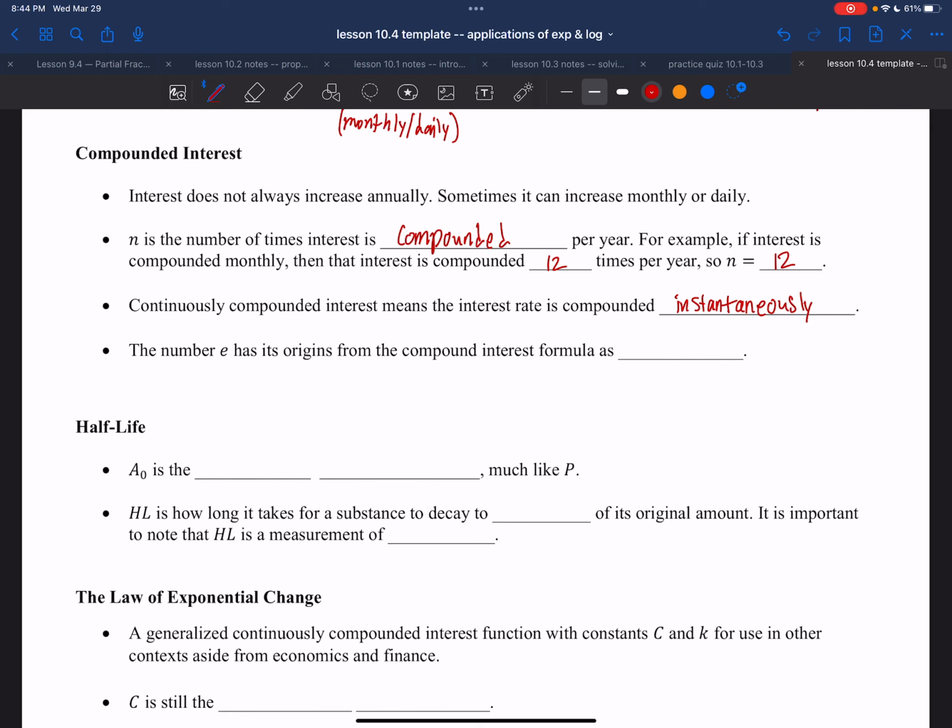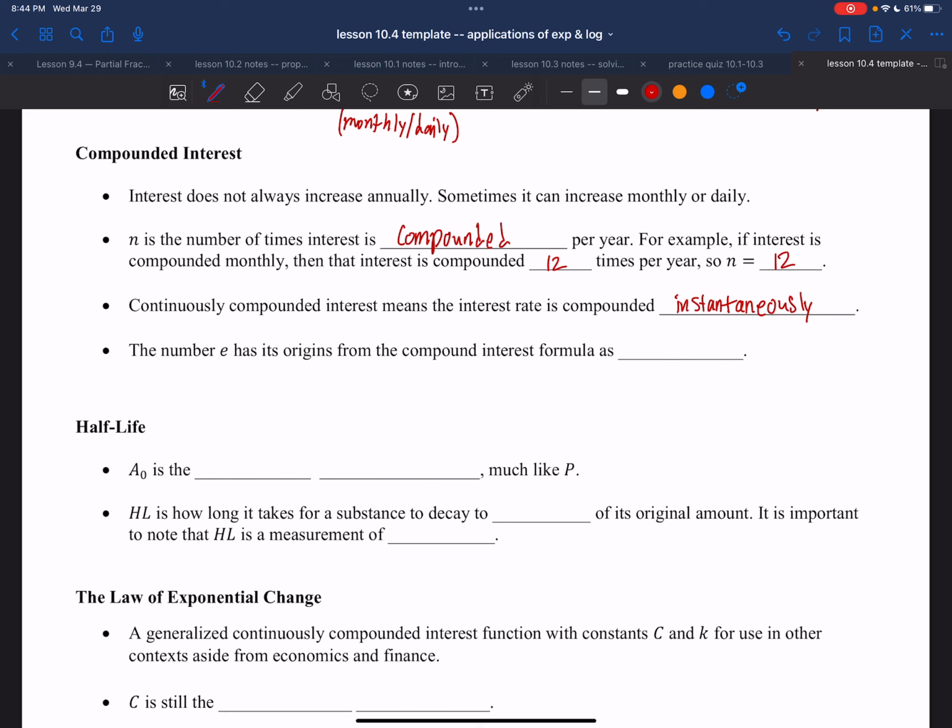So continuously, instantaneously means every single second. And not just every second, but every half second, every millisecond, every nanosecond, right? We are talking about the instant rate of change. Well, I shouldn't say the rate's changing, but the value is changing every instant according to this rate.